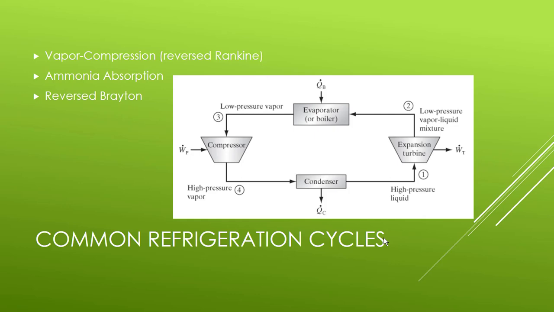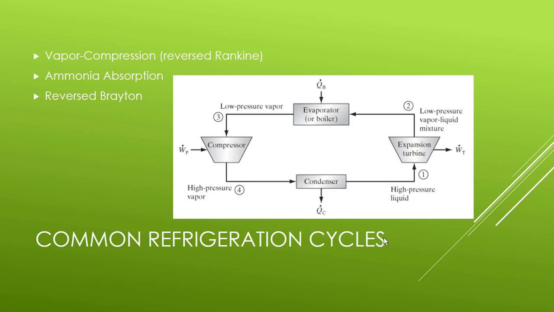In reality, the expense of a turbine is not going to justify the very little bit of work output that you get from this. So normally we actually use an expansion valve, a Joule-Thomson style valve at this point. So you always have to have the compressor.